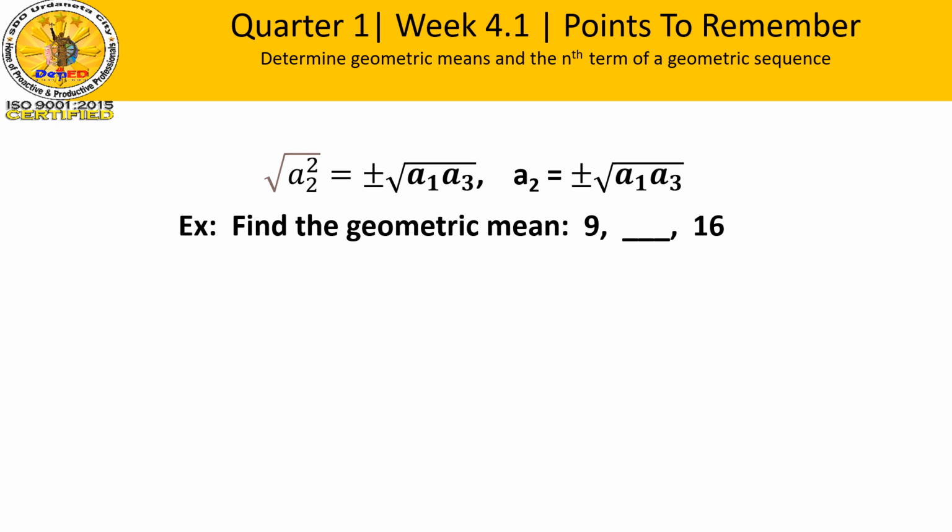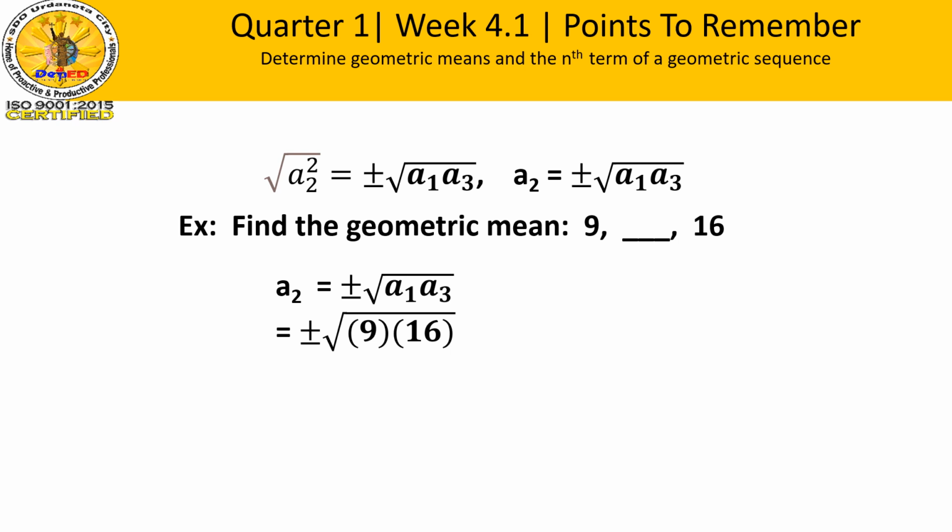Okay. For example, find the geometric mean of 9 and 16. Using the mean proportional, a sub 2 is equal to positive and negative square root of a sub 1 times a sub 3.